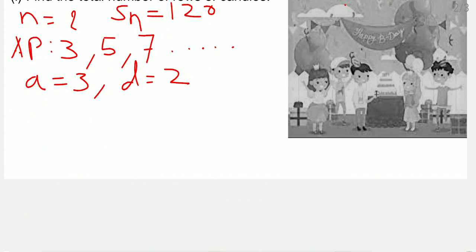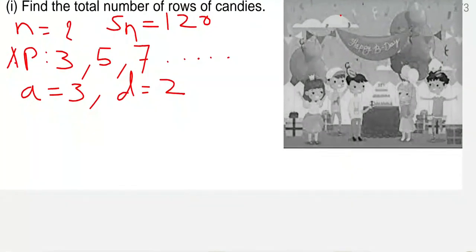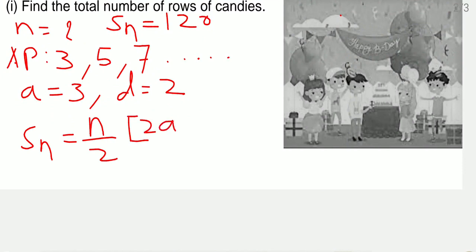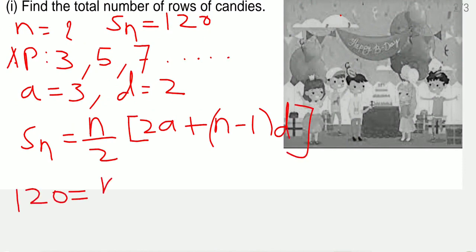Okay. So as we have the sum of n terms, that means Sn, which is equal to, we know the formula, n by 2 into the bracket 2a plus n minus 1 into d, right? In this formula we will substitute the value 120, and n we don't know, by 2. So 2 into a, value of a is 3.